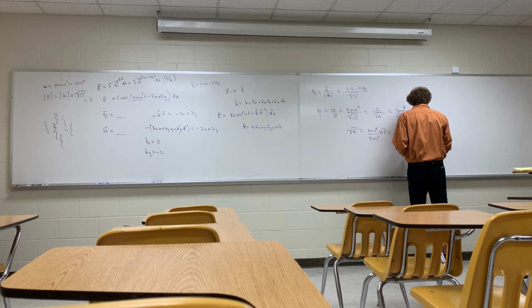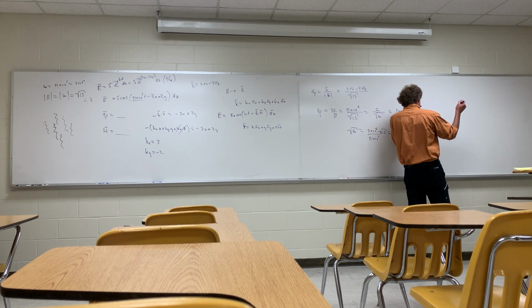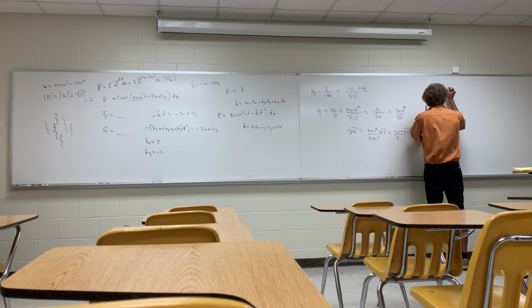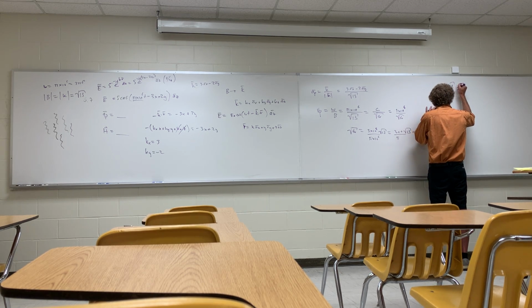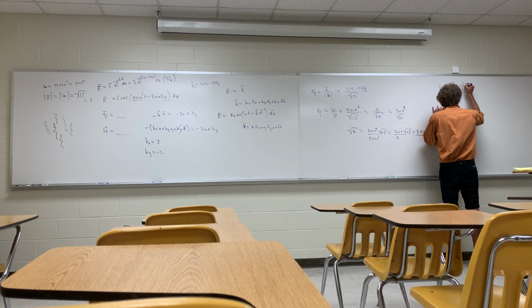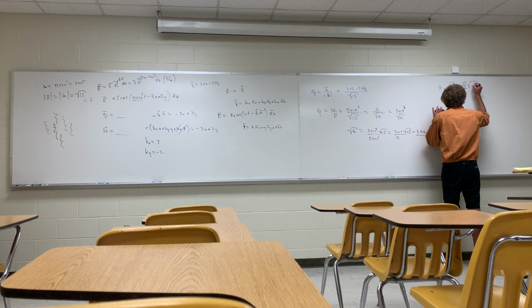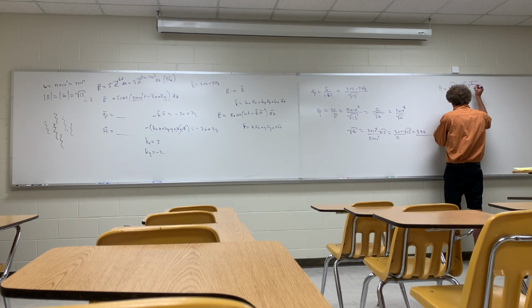So 344. All right. Now that means the intrinsic impedance of the medium here is going to be the square root of mu over epsilon. That's really the square root of mu naught over epsilon naught times the square root of mu relative, which is 1, I'm assuming, over epsilon relative. And epsilon relative in this case is going to be 344.